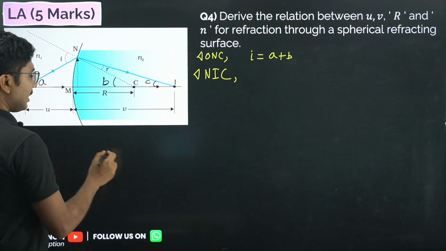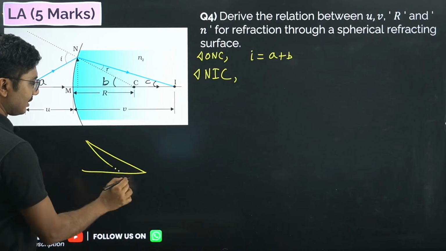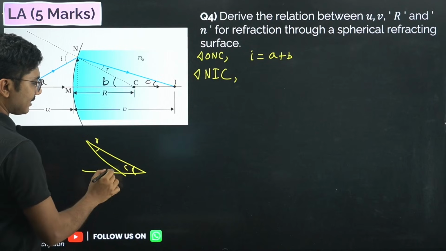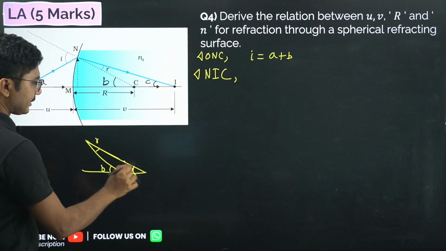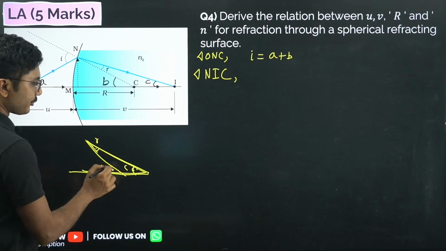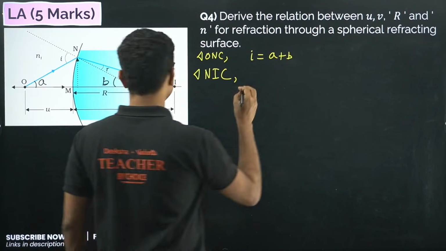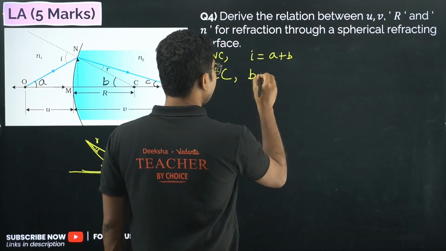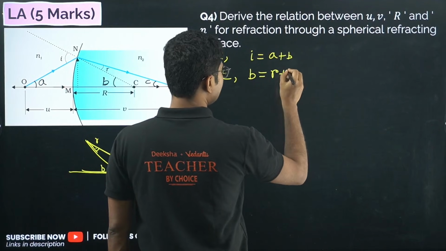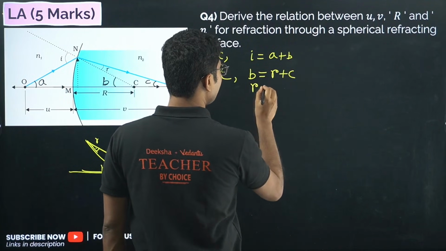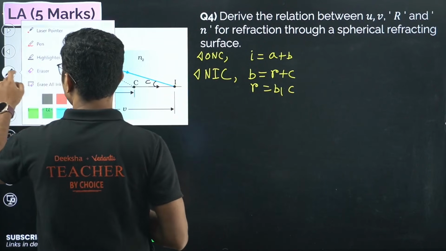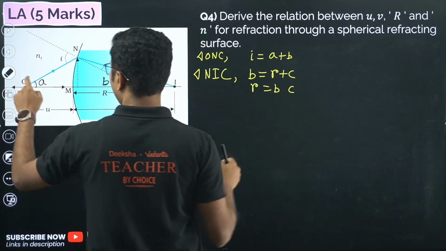So here the triangle is given like this: this is R, this is C and this is B. These two are the internal angles and this is the opposite external angle. So that means B equals R plus C, or R equals B minus C.